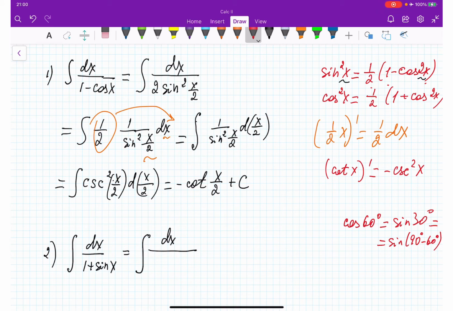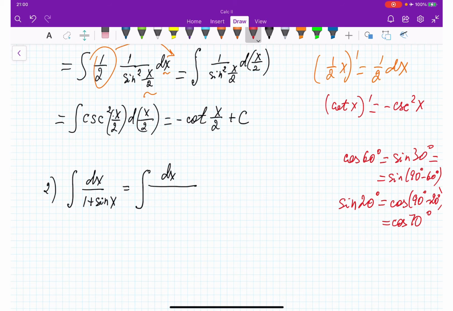Or sine 20 degrees equals cosine of 90 degrees minus 20 degrees, right? Which is cosine 70 degrees.